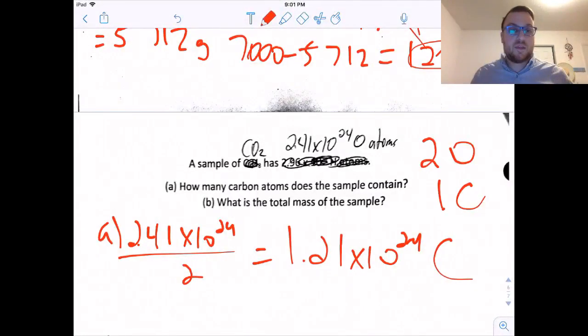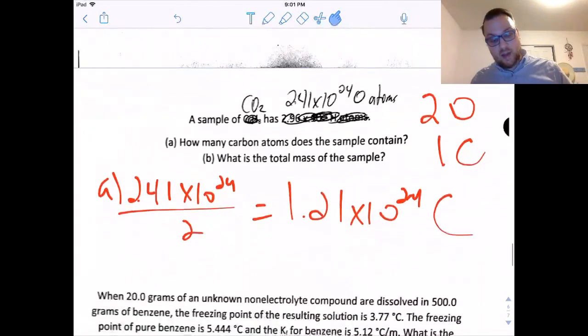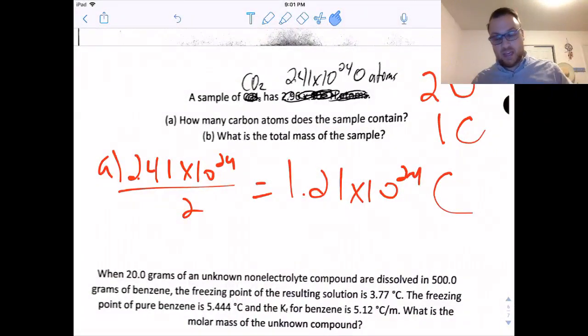Now, does that help you answer B? If you want to say 44 grams, you can't, because you don't know how many moles of carbon dioxide you have. If you have 1 mole of carbon dioxide, I would say yes, it's 44 grams.